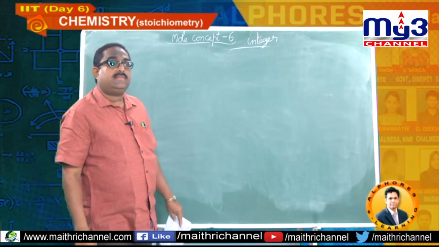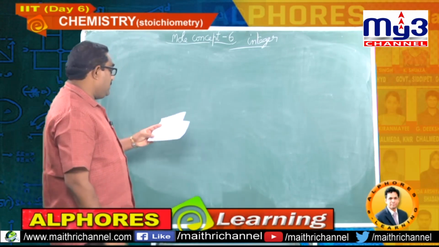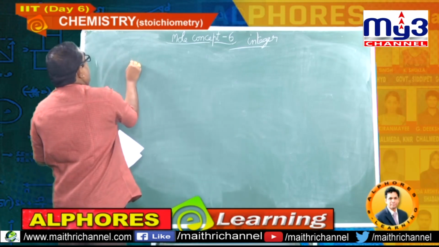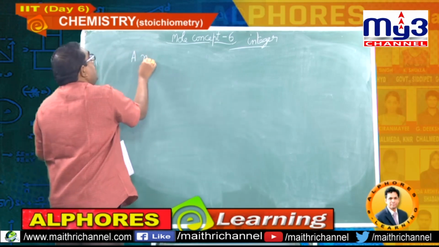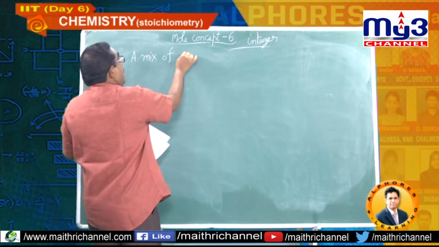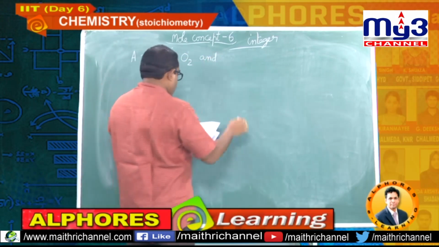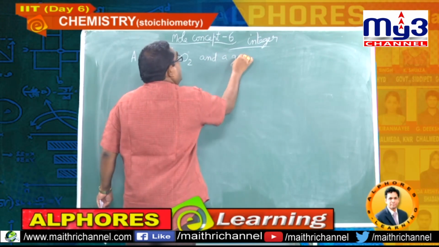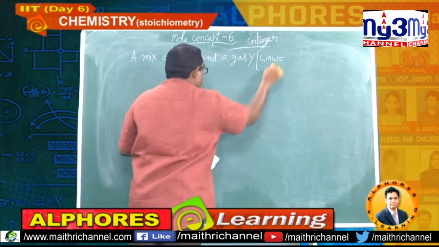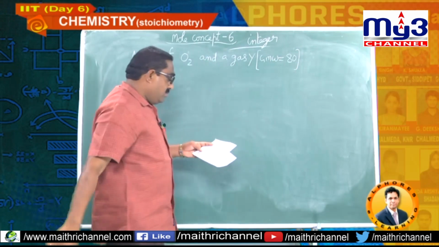Okay, students, please let us go for next question. Write down along with me. I am changing the model. A mixture of oxygen and a gas Y, within the brackets he has given GMW is equal to 80. Write down.